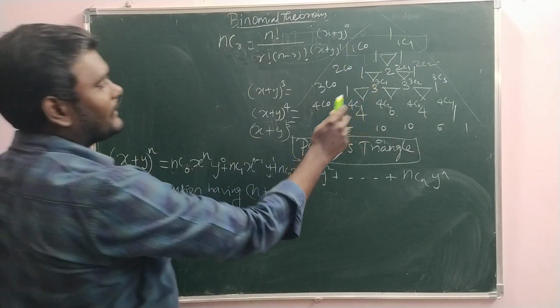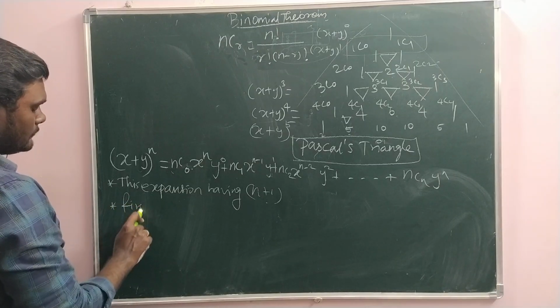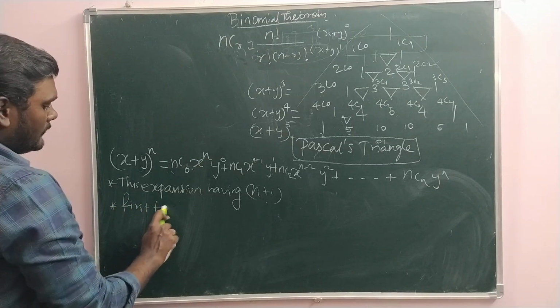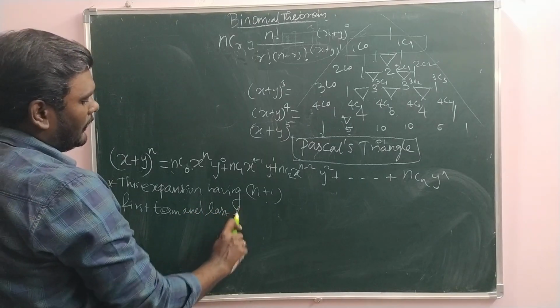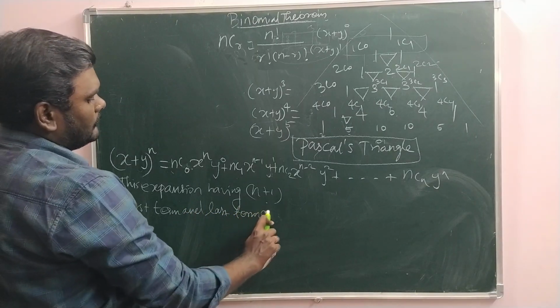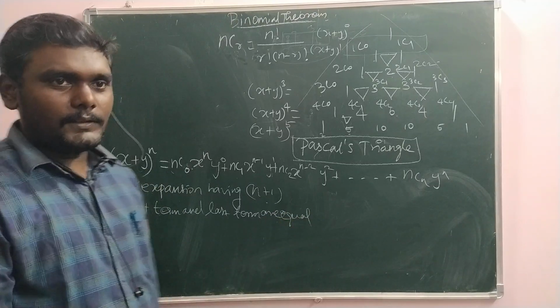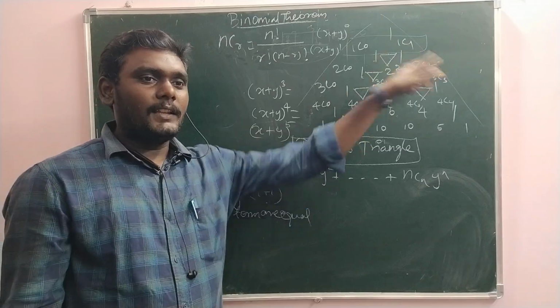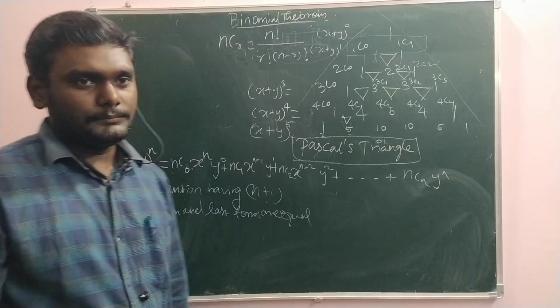And we have this first number and last number equal always. First term and the last term are equal. Not only first and last, second and second last term will be equal. Third and third last term will be equal.